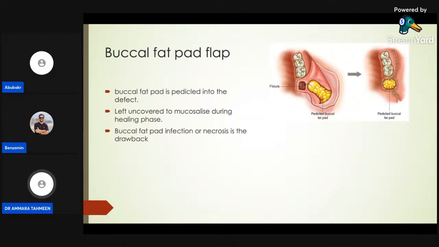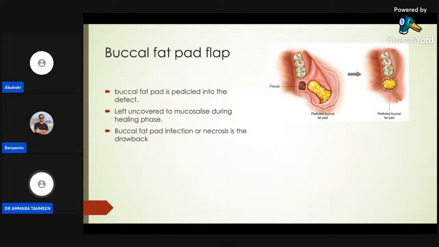Usually within 10 days the mucosalization of the buccal fat pad takes place, and once it heals, there will be complete mucosa formation. One of the disadvantages of the buccal fat pad is that in patients who are diabetic, immunocompromised, or poor in oral hygiene, the flap might get infected or necrosed.